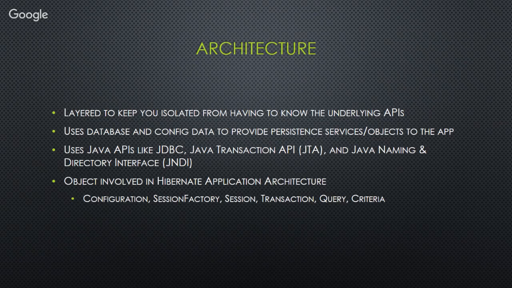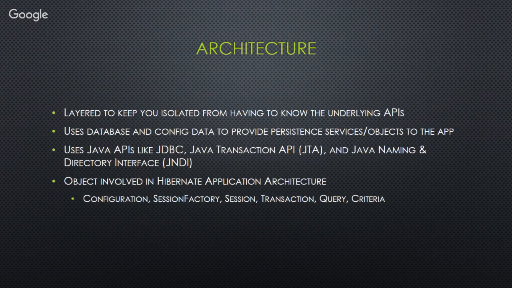So our architecture, and this is one of the big things I liked about the architecture: it says it's layered so we don't have to know the underlying API. And for me, who's not very strong in coding and programming, that is a big deal, where you don't have to actually know how to write all those APIs. It just kind of works.